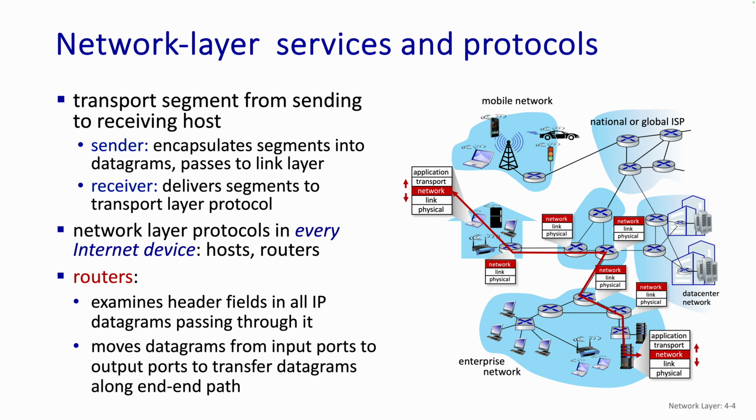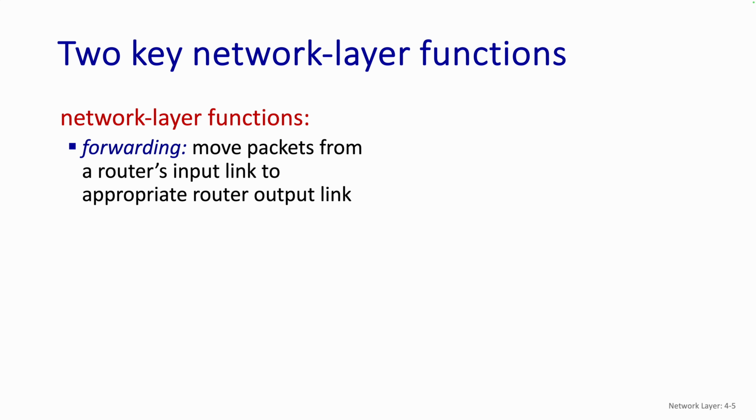That's done in the network layer. So there's two key functionalities that the network layer provides, and we're going to go high level for now. First is forwarding. This is taking a packet in as a router and then deciding what output link it should go to. Should it go to output link 1, 2, 3, 4? Depends on the router how many output links it has, but it's going to decide what to do with that.